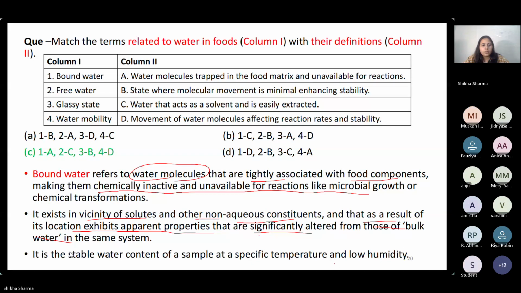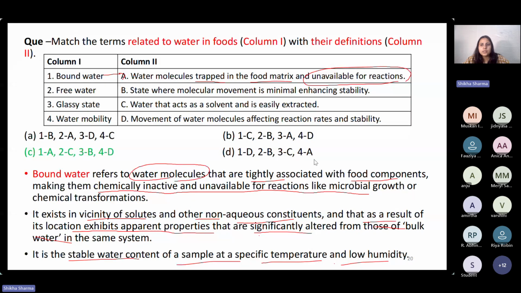So it is basically the stable water content of the sample at a specific temperature and low humidity. So bound water is related to water molecules which are trapped in the food matrix, and basically it is unavailable for the reactions.